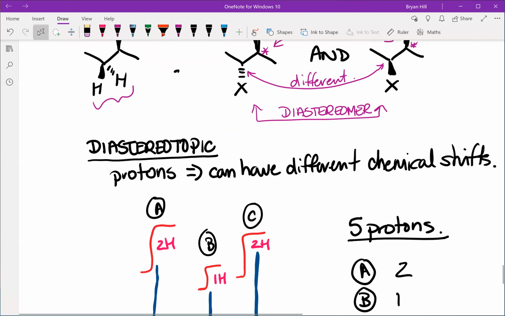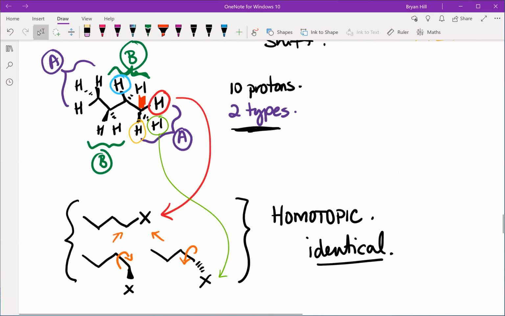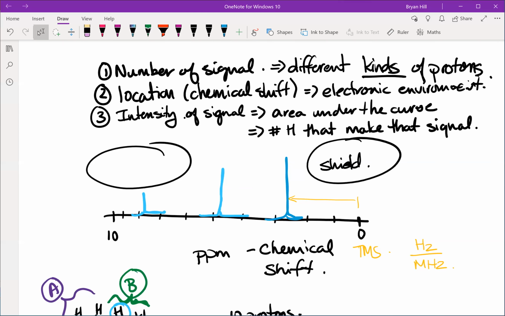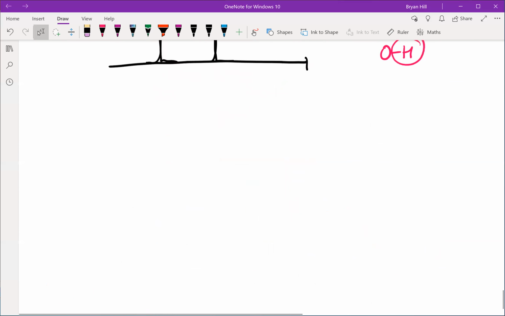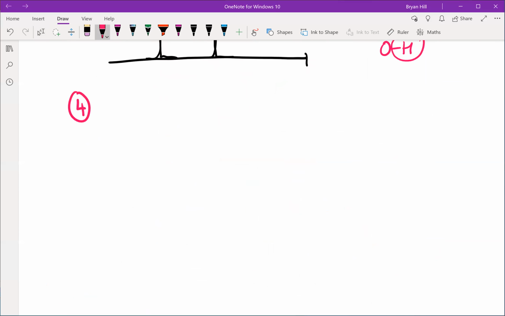And then the last thing, which we never got to, the fourth and final part to all of this, is that often the signals are split. So they don't always appear as a wonderful little straight line.